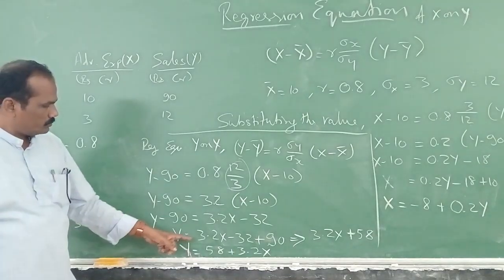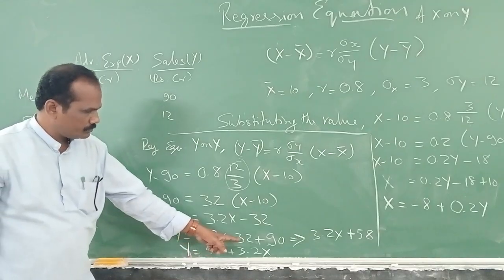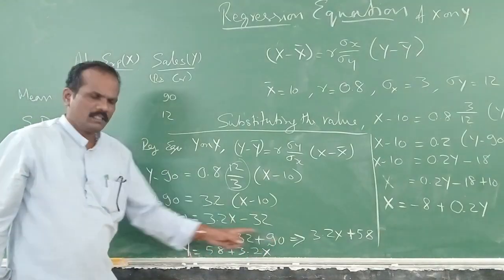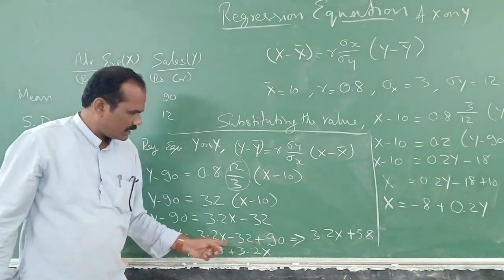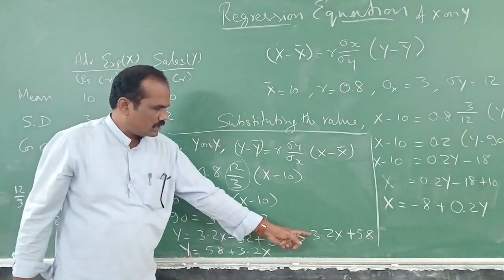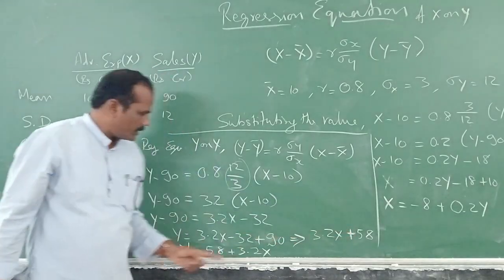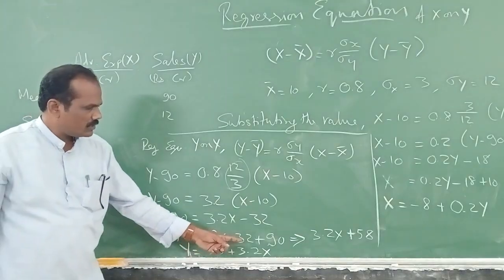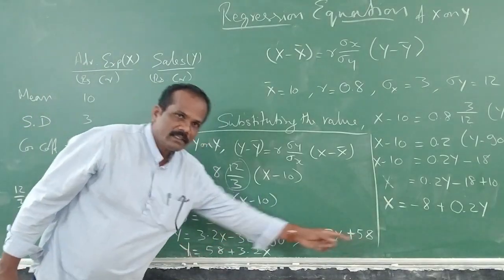That can be focused here. y is equal to 3.2x minus 32 plus 90. This 90 comes from the right hand side to the left hand side, and this can be rewritten like this: 3.2x plus 58. When you substitute minus 32 plus 90, you will get 58, right?